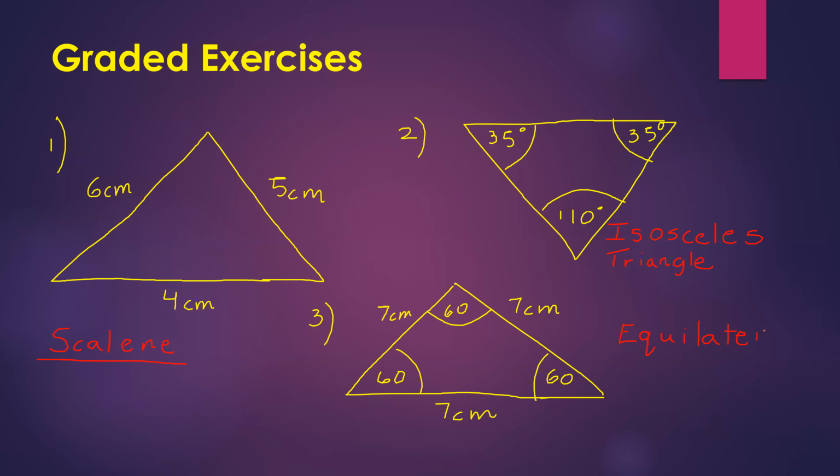What could you say about the interior angles? The interior angles are the same. Very good. The interior angles are equal in measure. So we have the scalene, the isosceles, and the equilateral triangle.